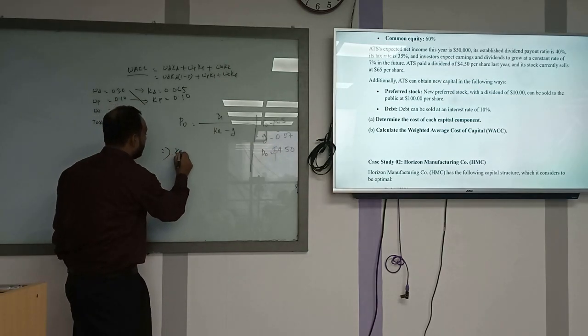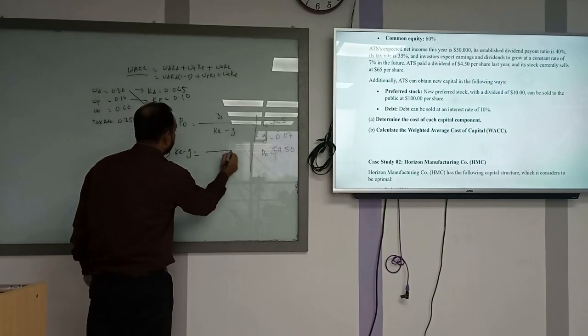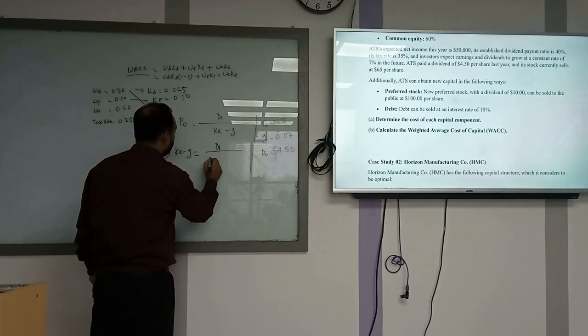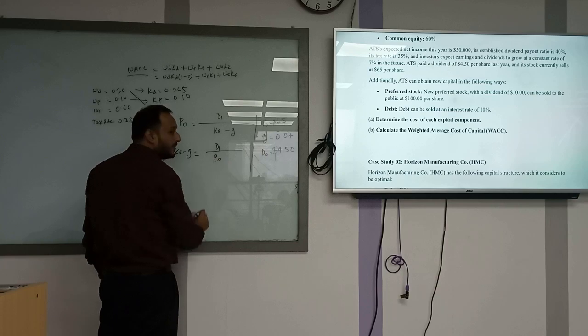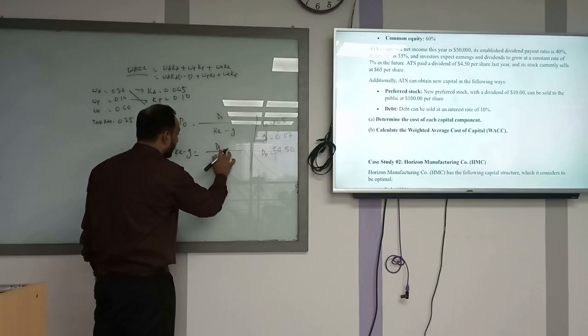How? KE is D1 divided by P naught plus G. Now we need D1, but D naught is given.